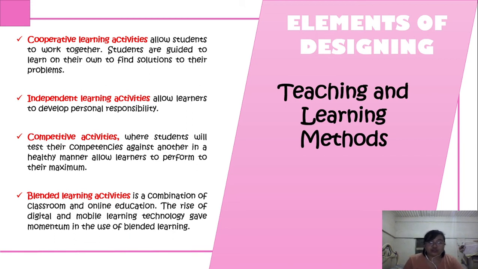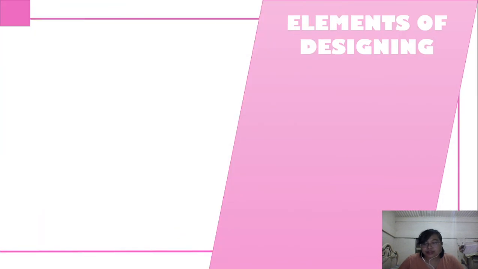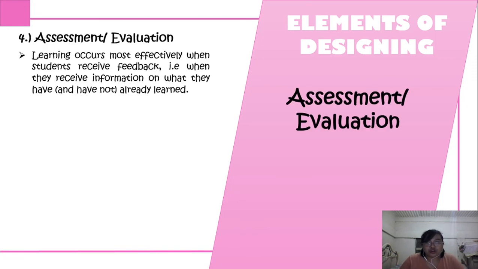It is a combination of both online and offline learning. Some of the most common types of blended learning include the flipped classroom, the hybrid learning, and the project-based blended learning.